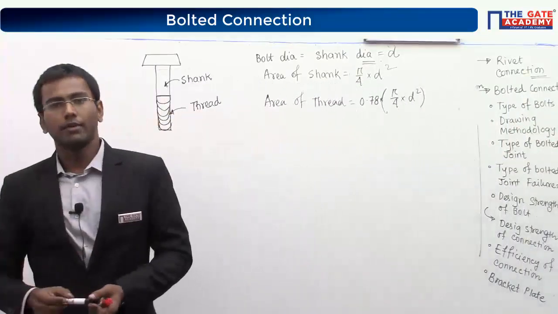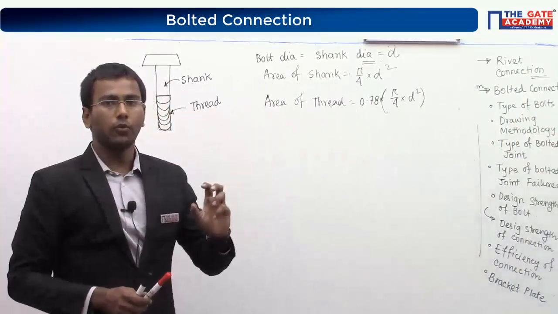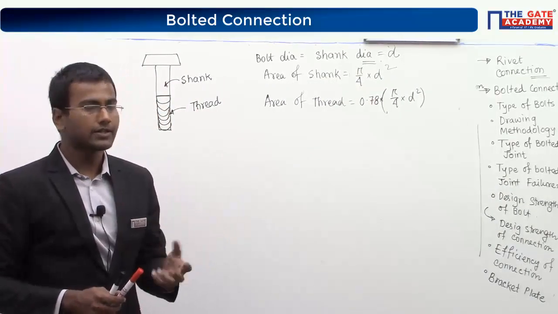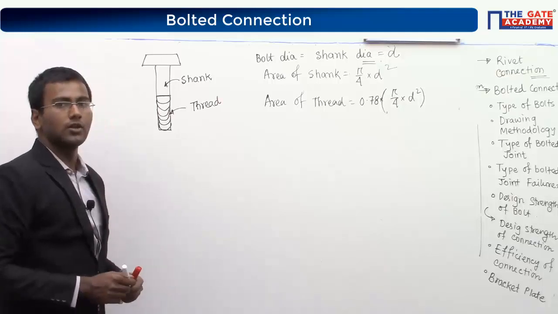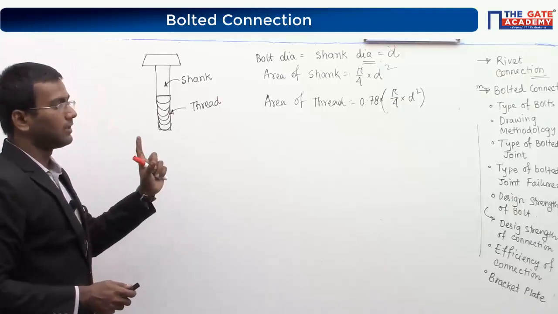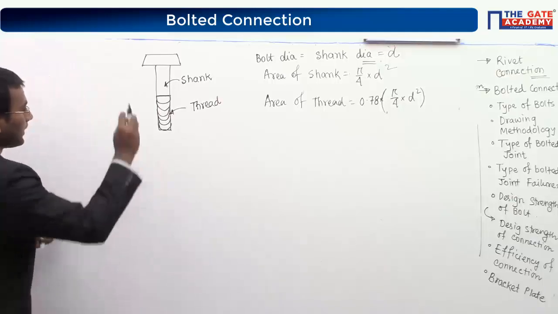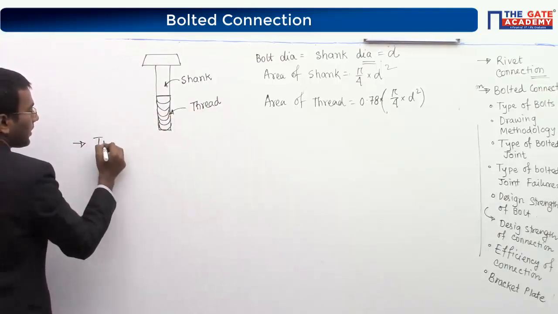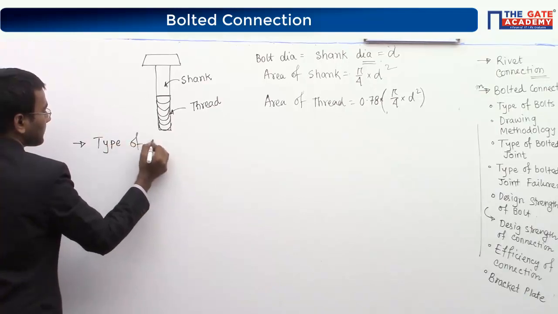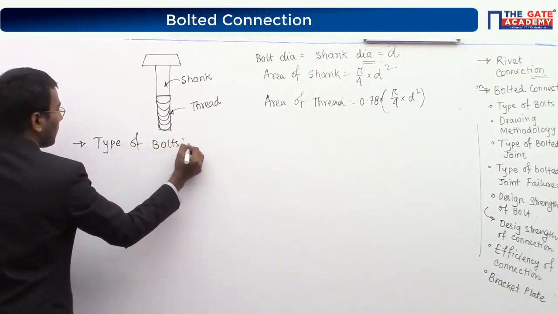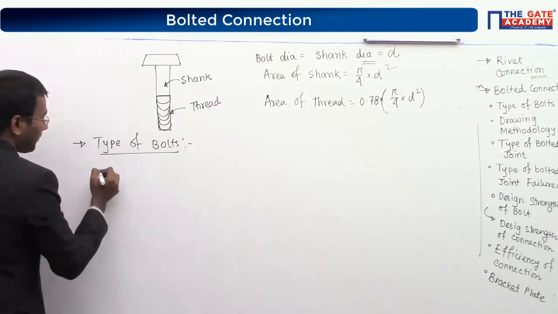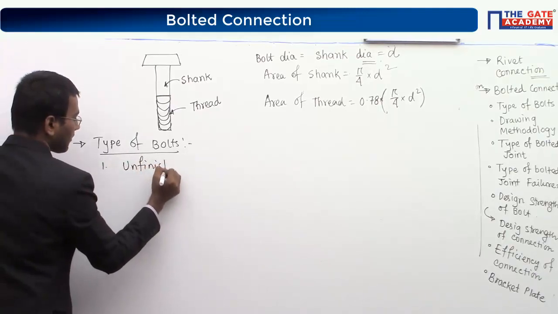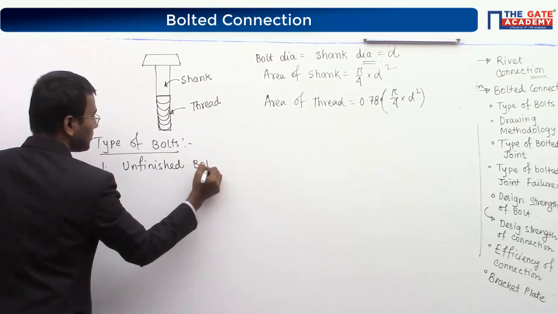Now coming to the next topic, sir, what types of bolts are possible? What are the different types of bolts? For that we have to go to the basic types. So here the first topic is types of bolts. See the subtopic, types of bolts. First one, unfinished bolts.